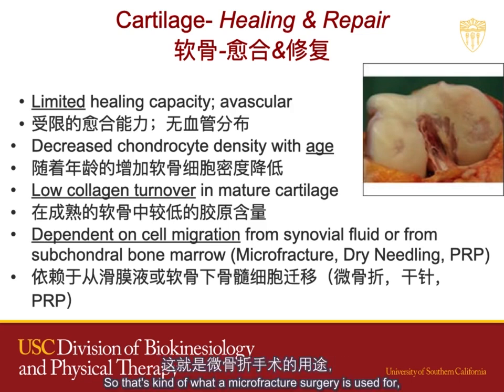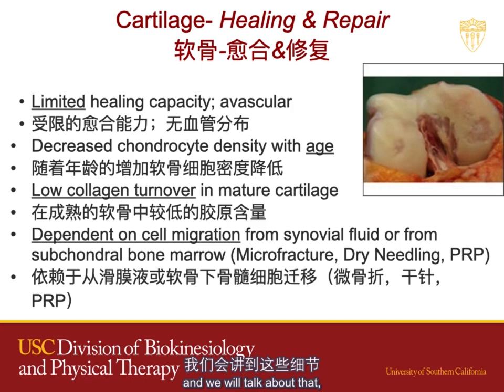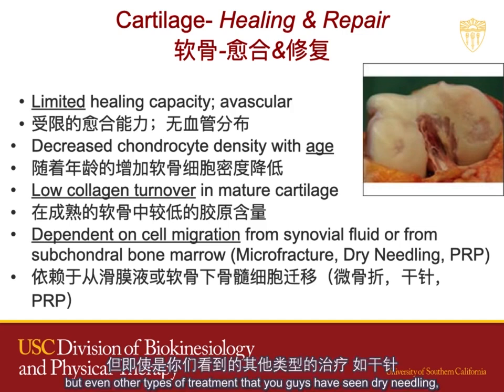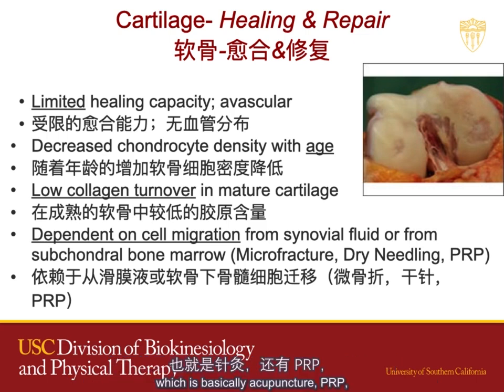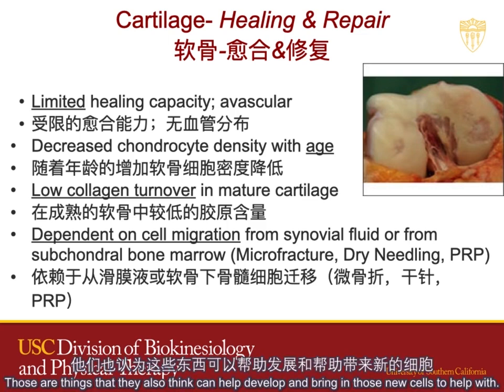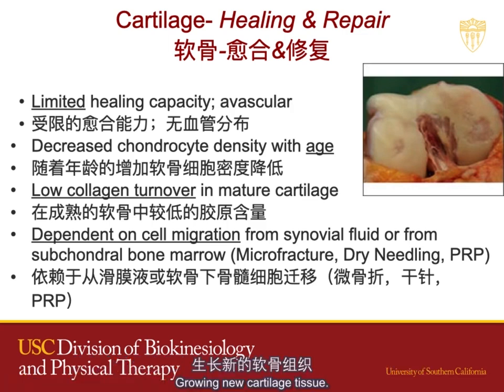That's what a microfracture surgery is used for, and we will talk about that. But even other types of treatment that you guys have seen, dry needling, which is basically acupuncture, and PRP, which is platelet-rich plasma, are things that they also think can help bring in those new cells to help with growing new cartilage tissue.